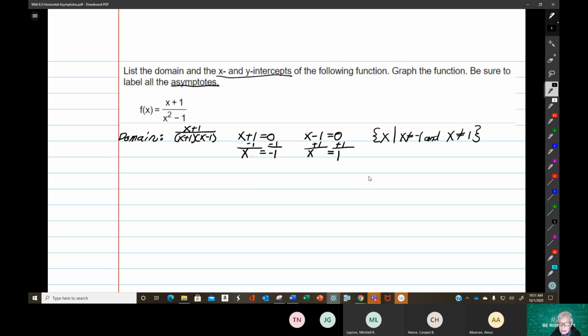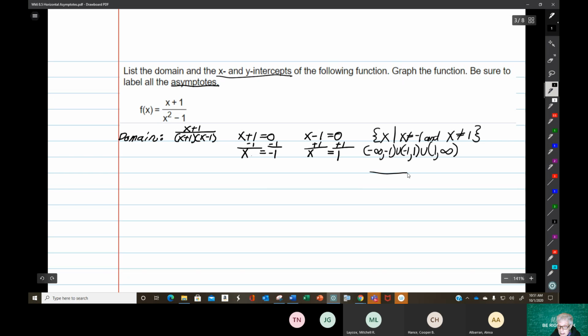And in interval notation, negative infinity to negative 1, unioned up with the right side of negative 1, going all the way to the left side of positive 1. It's easier if you draw a picture. Unioned up with the right side of 1 going all the way to positive infinity.